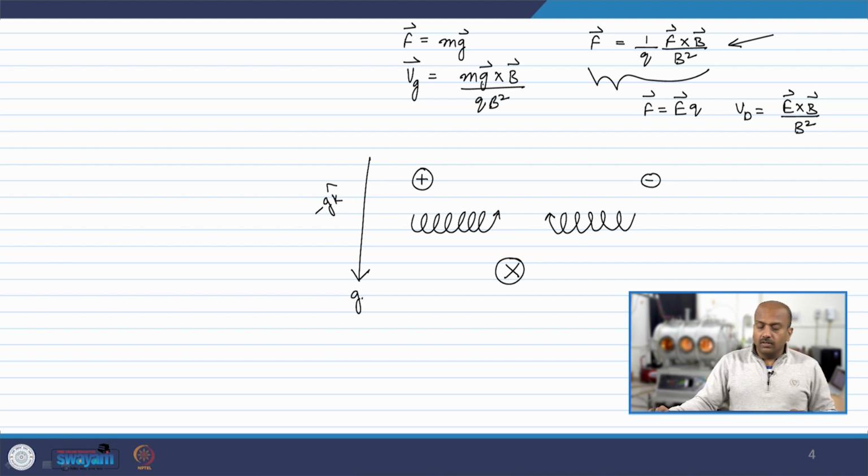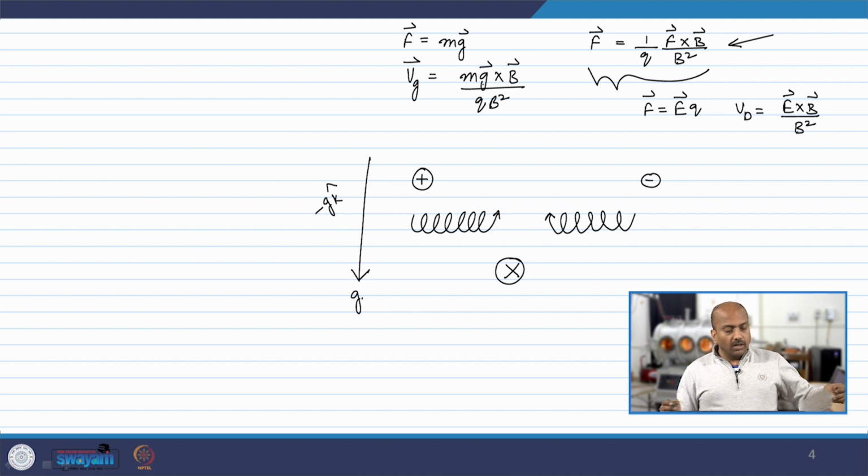The point is, in the presence of a generalized force, the drift velocity will be charge dependent, and in the case of gravitational force, the drift would depend on the mass as well as the charge of the particle, right.